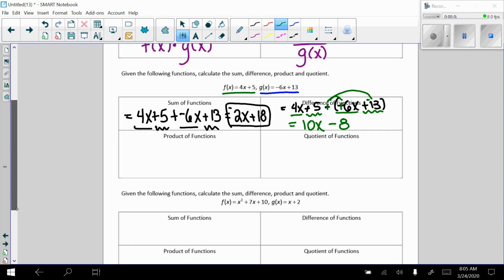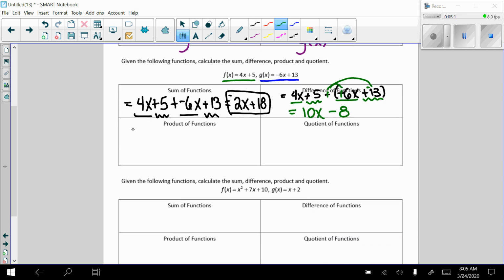Well, product means multiply. So let's go ahead and write 4x plus 5 in parentheses, that's f of x, times g of x, which is -6x plus 13. And you know what to do here. We're going to FOIL. So go ahead. 4x times negative 6x is negative 24x squared. 4x times 13 is 52x. 5 times negative 6x is negative 30x.